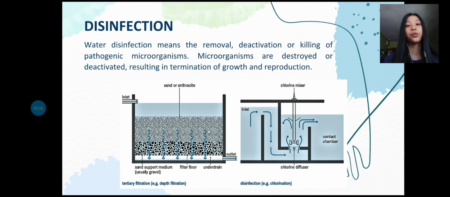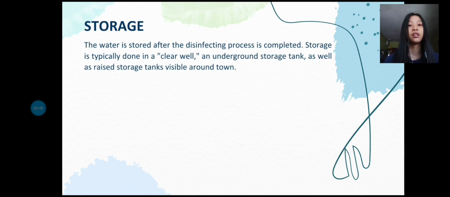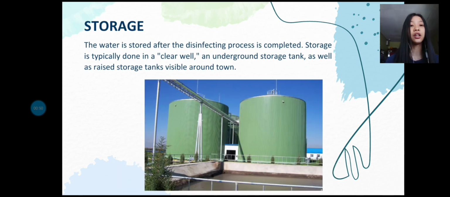To make sure that the water is clean and safe, the water from filtration will move to a chlorine mixture because chlorine is able to kill or remove microorganisms like bacteria, to terminate their growth and reproduction and prevent people from getting sick. Then the water is stored after the disinfecting process is completed.